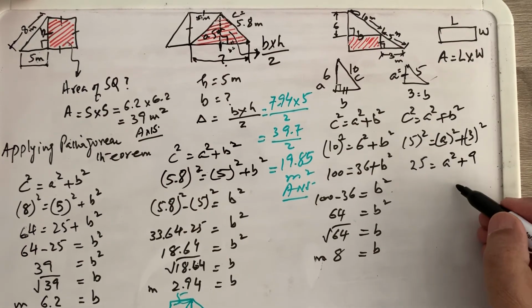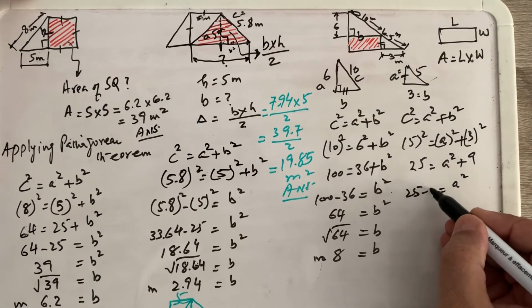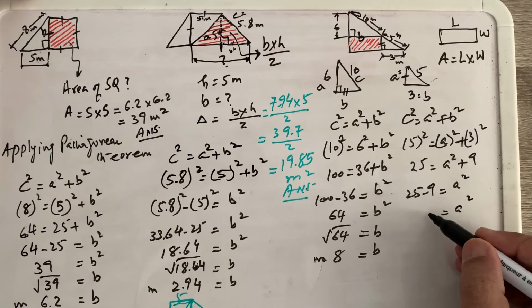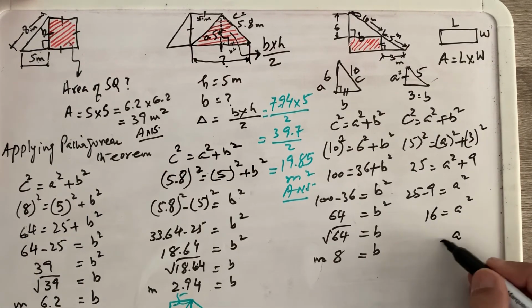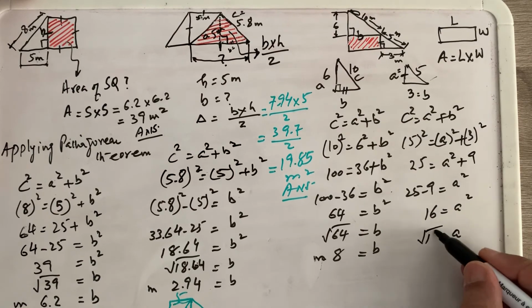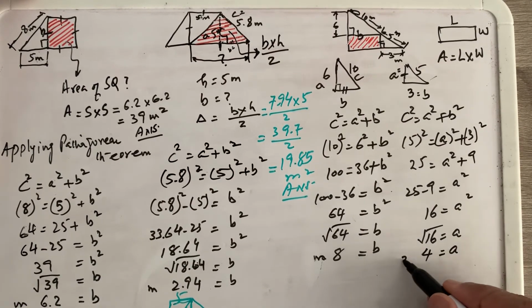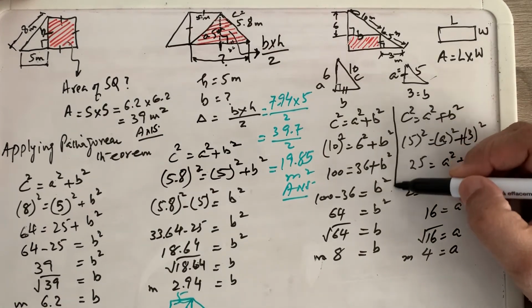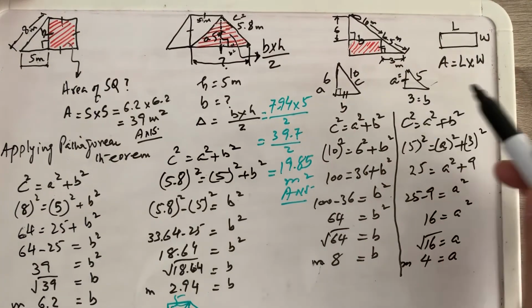I will shift this 9 to the other side of the equation. So a square is equal to 25 minus 9, which is 16. Then I take the root because I need to find a, and a is equal to 4 meters.